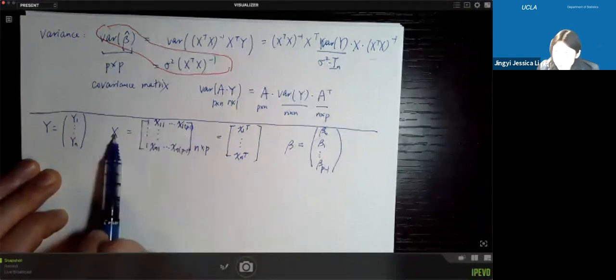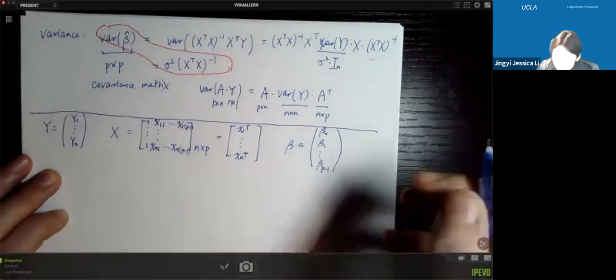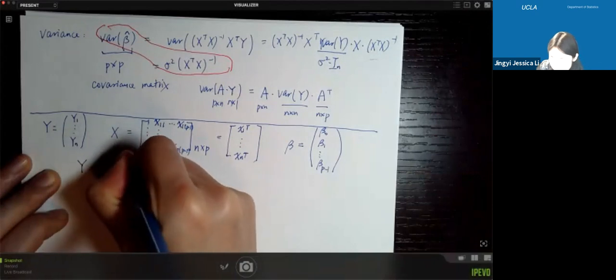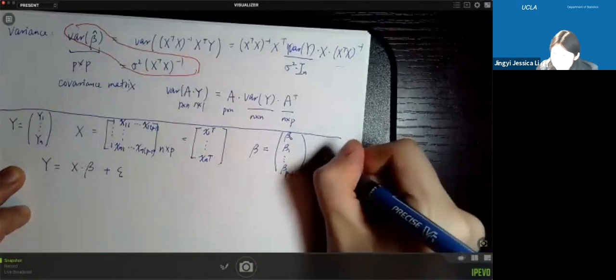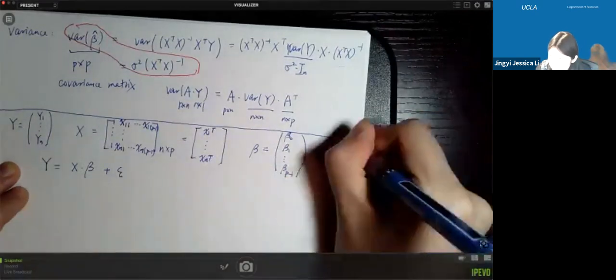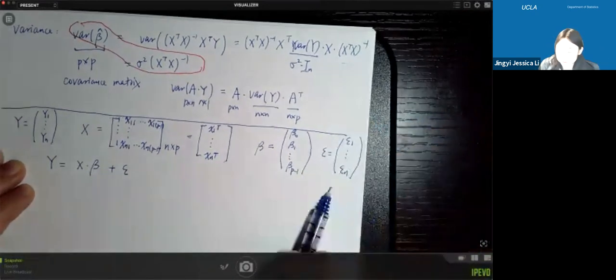So we're going to do matrix multiplication, and that means we can write y equals X times beta plus epsilon. And of course, epsilon has the same dimension as y. So it's n-dimensional, epsilon 1 to epsilon n, and they are the error terms.